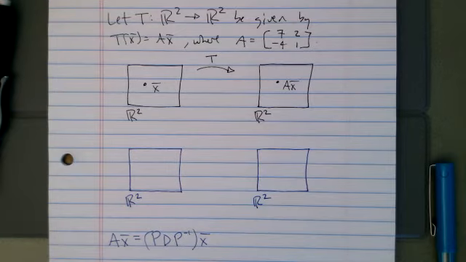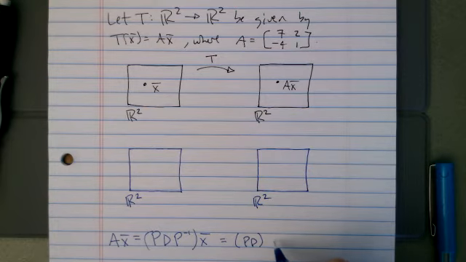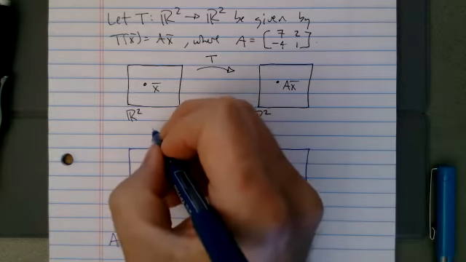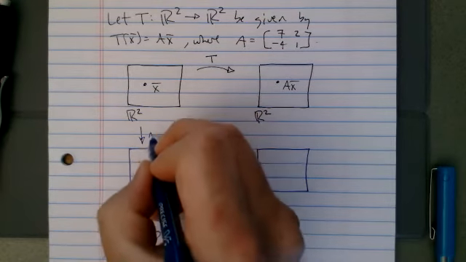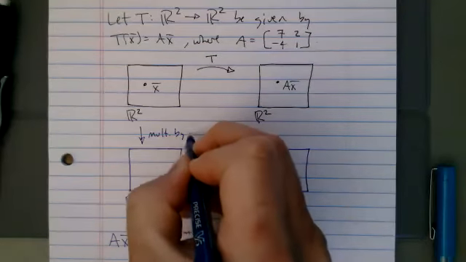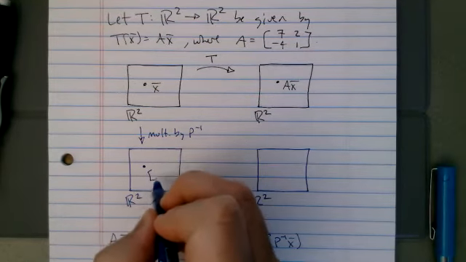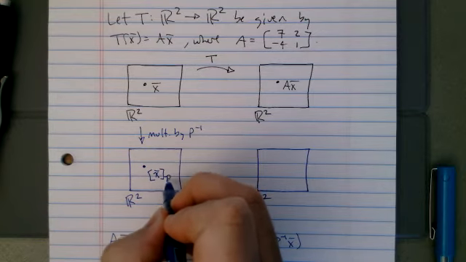So the first thing that happens to X, if I multiply this out, is I get PD times P inverse times X. And P inverse takes standard coordinates and turns them into B coordinates. So this first multiplication, multiplying by P inverse, takes X and writes the B coordinates of X.